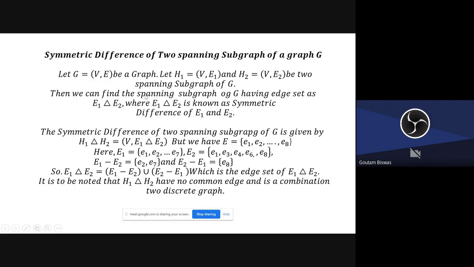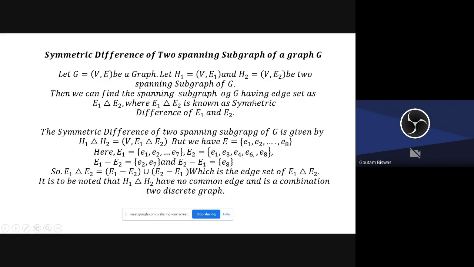Then we can find a spanning subgraph of G having edge set E1 delta E2, where E1 capital delta E2 is known as the symmetric difference of E1 and E2.